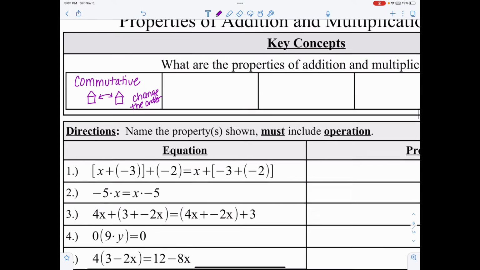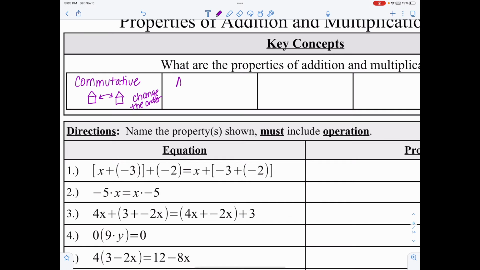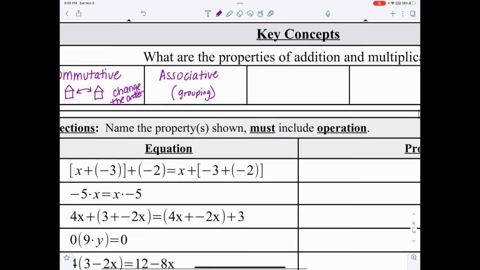Okay, all right. The next one is the associative property. And this is a grouping property. So it says that you can group different things as long as all the things are addition or all the things are multiplication.